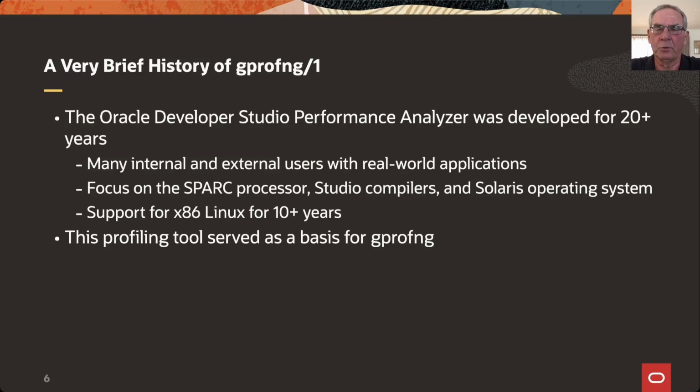For a long time, the focus was on the Spark processor, the Studio compilers, and the Solaris operating system. But actually, for over 10 years, there was already work done on supporting x86 on Linux. And what we did, we took that source tree, and that was the basis for Gprofng.